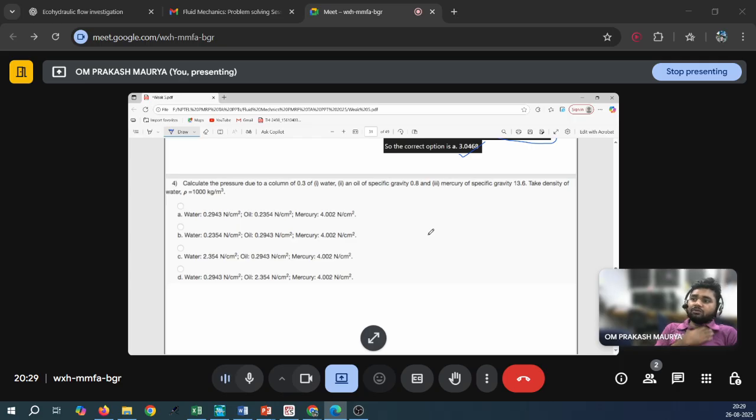Calculate the pressure due to the water column. Let us suppose the water column is 0.3 meter.